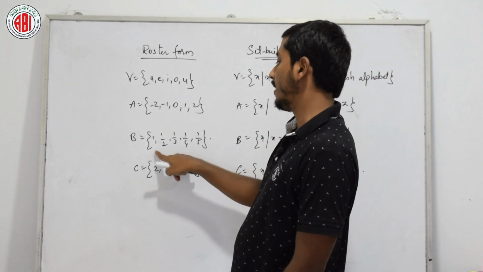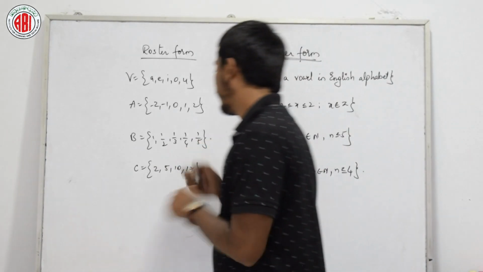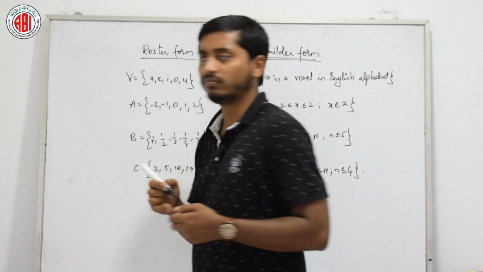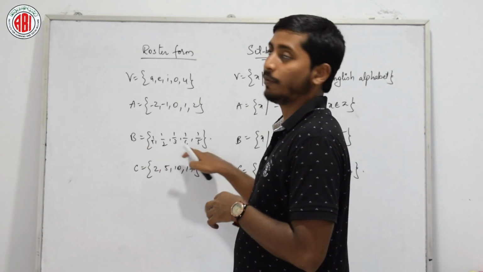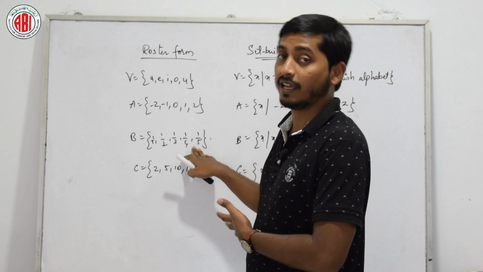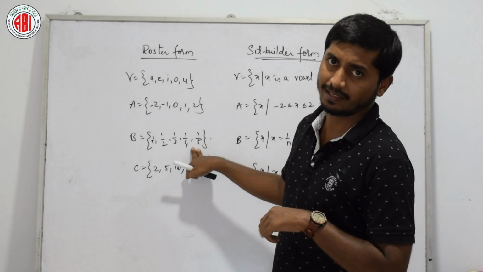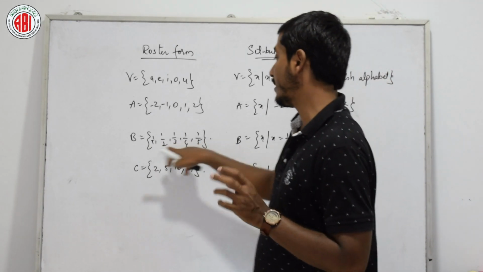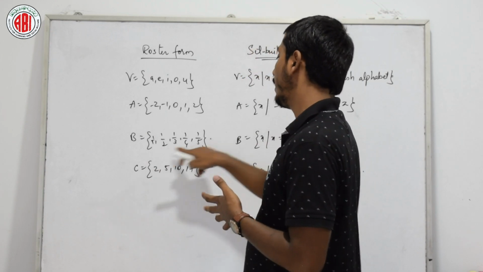What is this? 1, 1 by 2, 1 by 3, 1 by 4, 1 by 5. Can I write this one also as 1 by 1? Therefore, only the denominators are increasing. What are the denominators? They are nothing but natural numbers. This is nothing but 1 by n, where n is increasing in a natural way from 1 to 5.